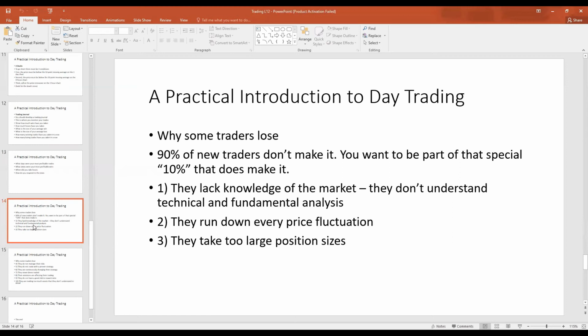Well, there are several reasons why traders lose their money. One of the reasons is lack of knowledge. I'll use an example here. When I was in my PhD program, for one of my seminars in my PhD thesis, I was speaking about hedging on the financial market.